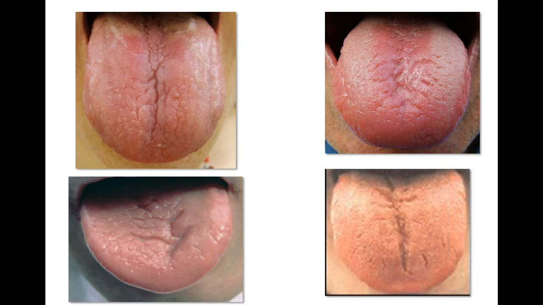The ones on the top, especially the top right, is redder. So there is not only Yin deficiency, but also some empty heat. And in addition to that, every one of these tongues has cracks. And the cracks confirm the Yin deficiency, especially of the stomach.